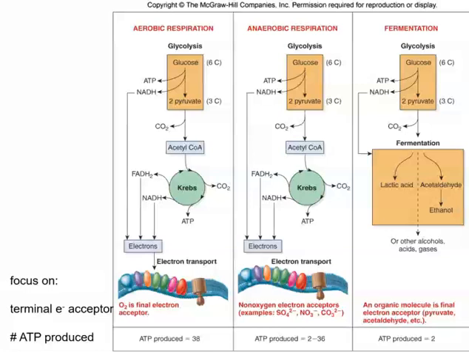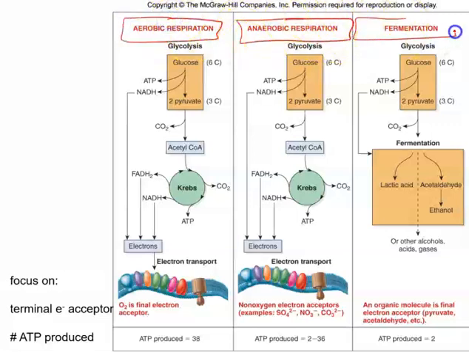There are different general approaches to making ATP. And here are the major general approaches to making ATP that we are going to consider. At any rate, please focus on the terminal electron acceptor and the number of ATP produced.